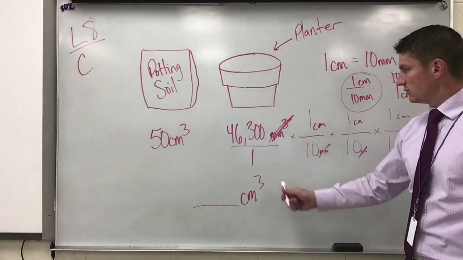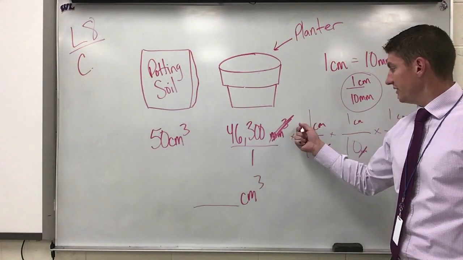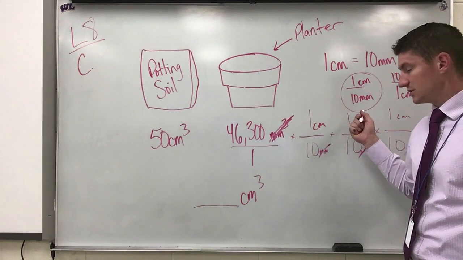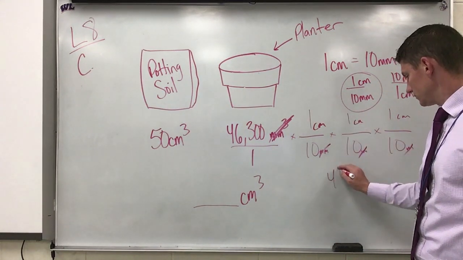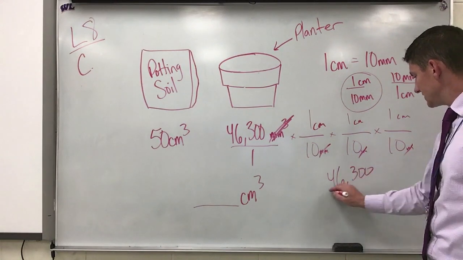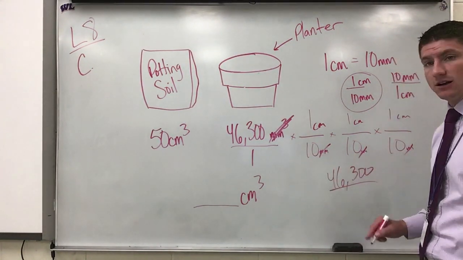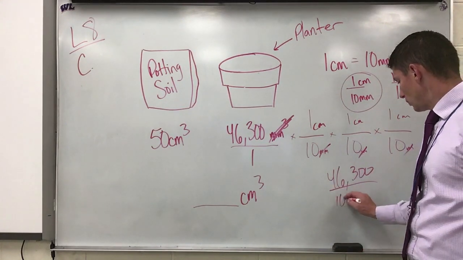Well, in this case, you've got 46,300 times 1 times 1 times 1, which is itself 46,300. In the denominator, you've got a different scenario in which you've got 10 times 10 times 10. Power of 10 would be 1,000.